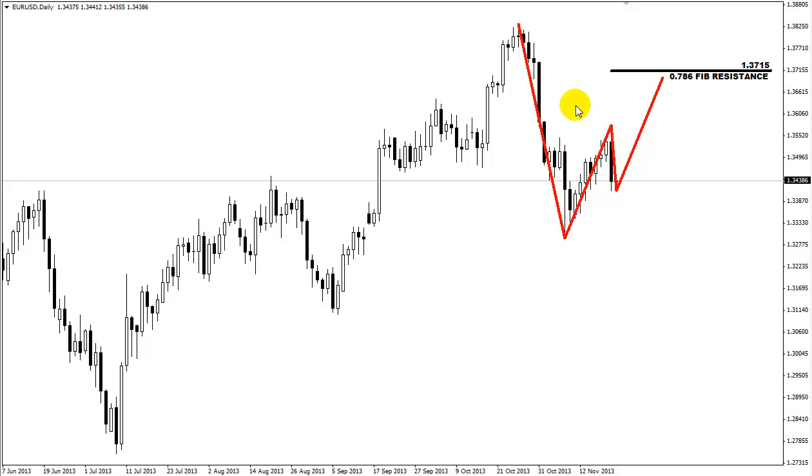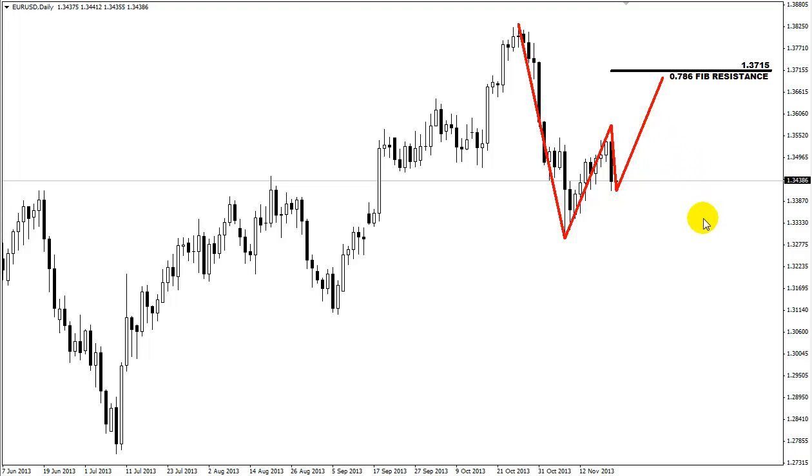Also note that the completion point of the Gartley 222 will be exactly at the 78 Fibonacci resistance, which is very desirable for the completion of the Gartley 222. So this is the risk for taking the short position right now.